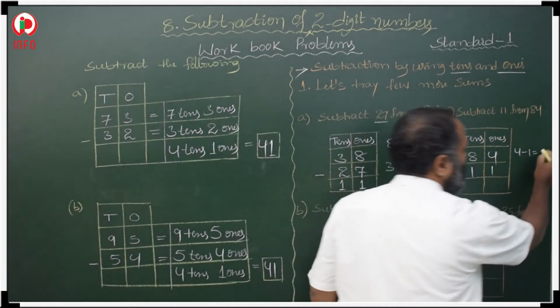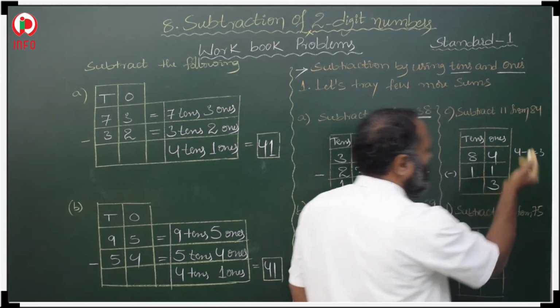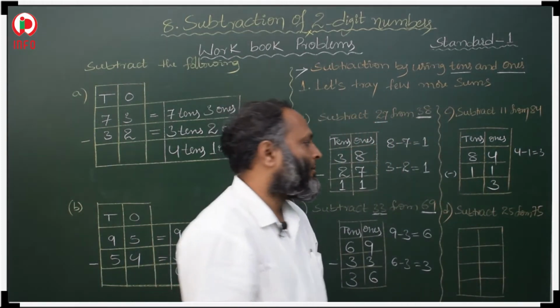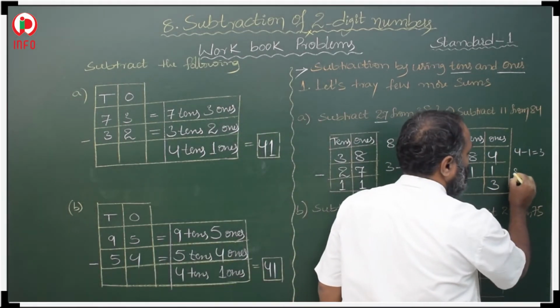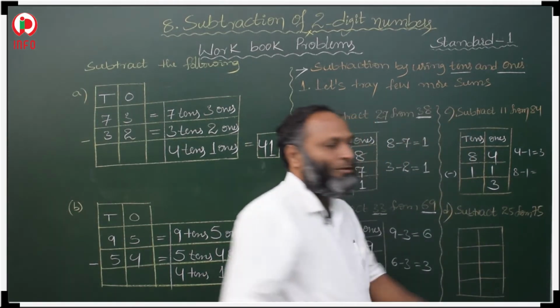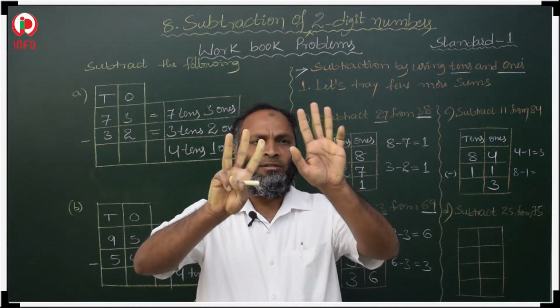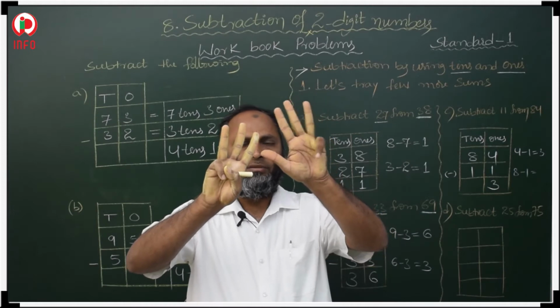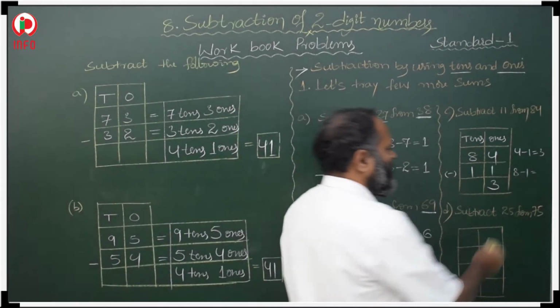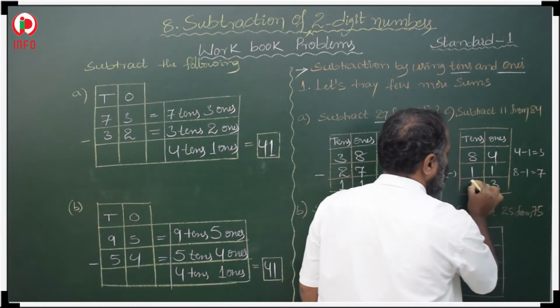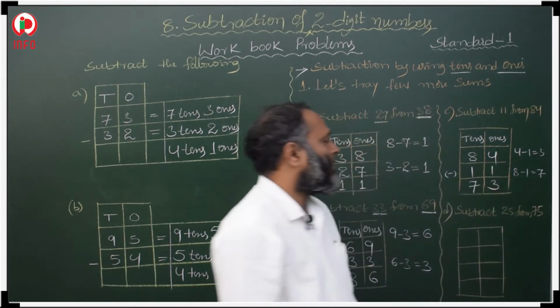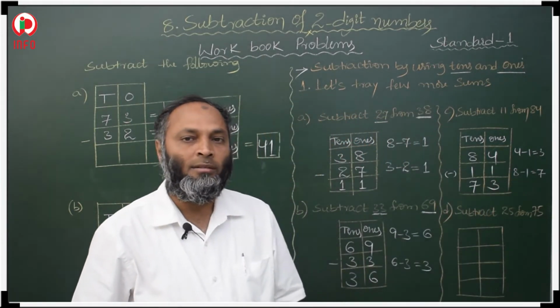It means 4 minus 1 is 3. 3 is in ones place. Then after that 8 minus 1 in tens column. First open 8 fingers, in that close 1 finger, then 7 fingers left. 8 minus 1 is 7. 7 in tens place. The answer is 73.